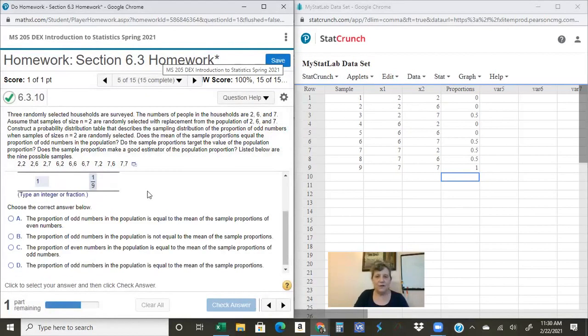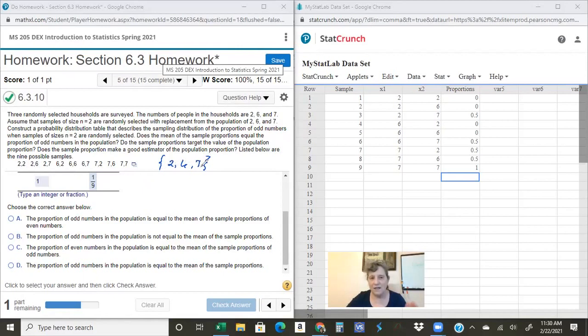Now, they want us to compare the proportion of odd numbers in the population. Remember that the population consists of the numbers 2, 6, and 7.